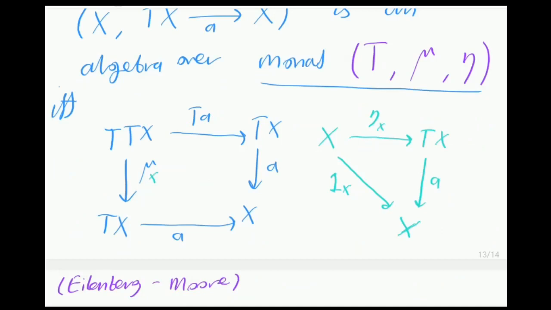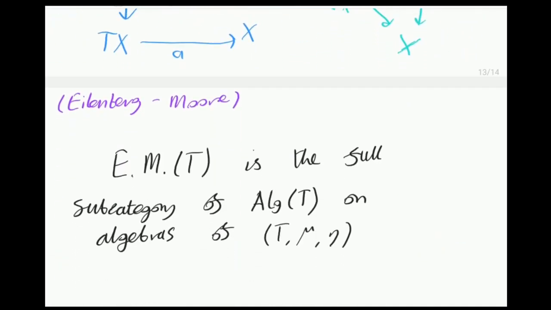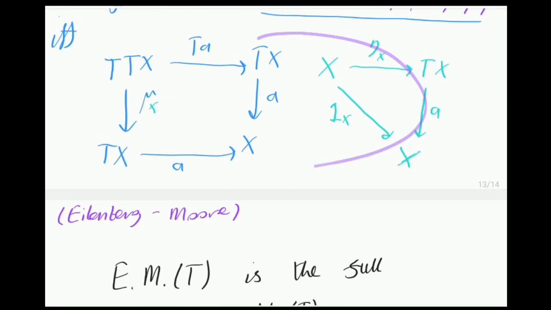we know these definitions. We can now define the Eilenberg-Moore category for this monad T. Okay, so we call this category EM of T, and it's just the full subcategory of Alg of T on the algebras over the monad T. Basically we look at the category of algebras of T, which are algebras with no special constraints, with these kind of morphisms between those algebras, and then we restrict ourselves to only look at the objects which correspond to these proper algebras over this monad T, the ones that make these diagrams commute.